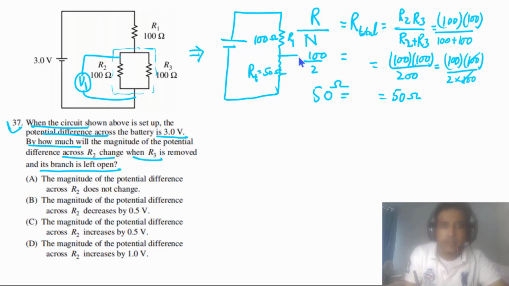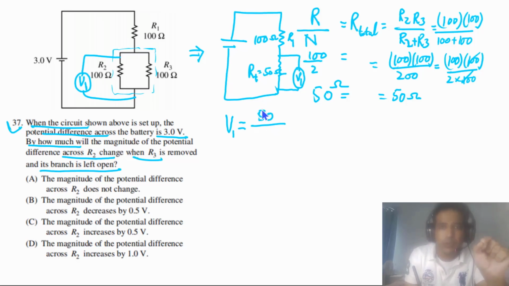So we have to find out what is the value of V across this one, because the PD across R3 and R2 is the same. If we need to find V across this one, we can say this is V1. V1 has to be equal to the resistance of this resistor, that is 50, divided by the total resistance of these resistors in series.